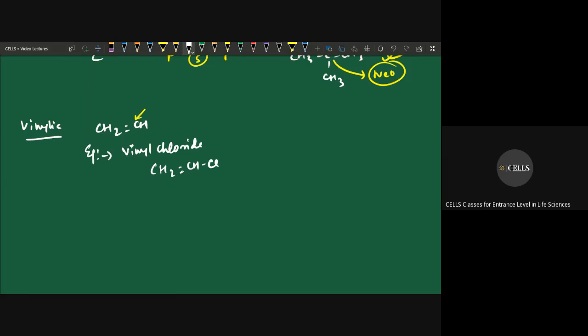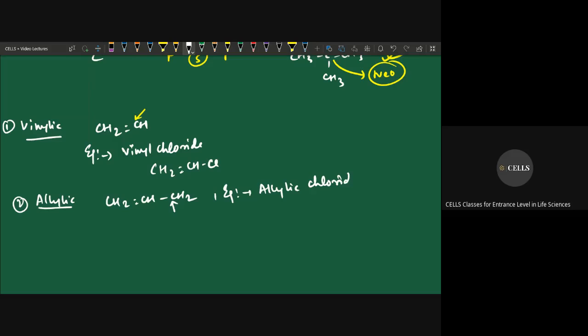Another kind of carbon is allylic carbon. It is just one carbon step up, like CH2 double bond CH, CH2. This carbon is known as allylic carbon. Example, allylic chloride.